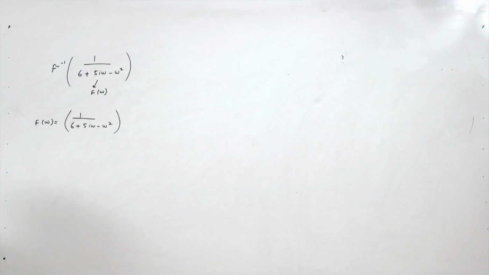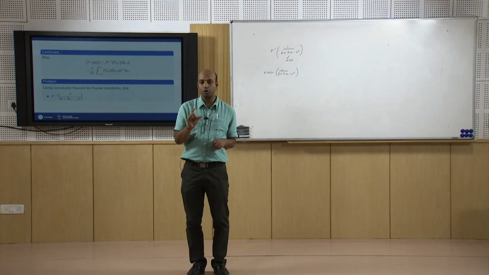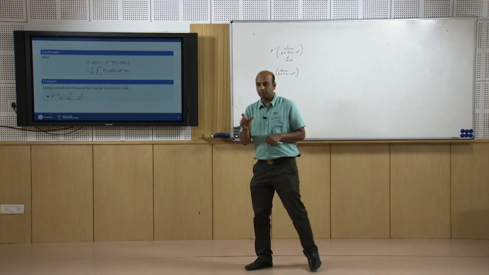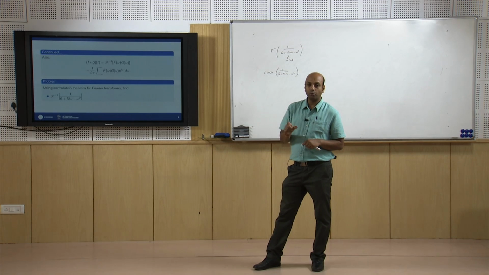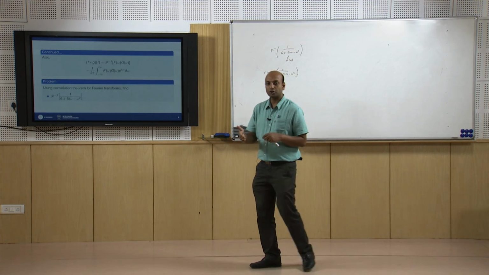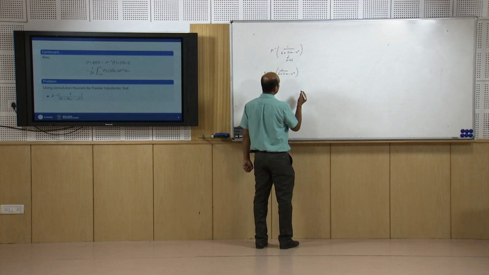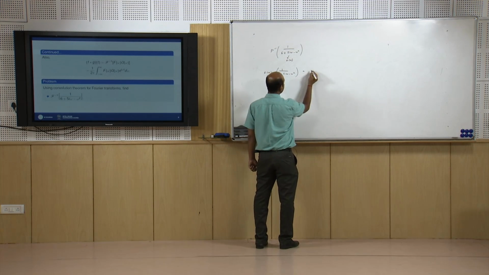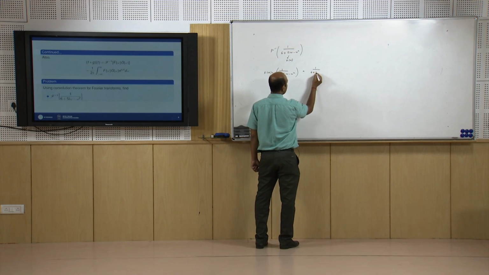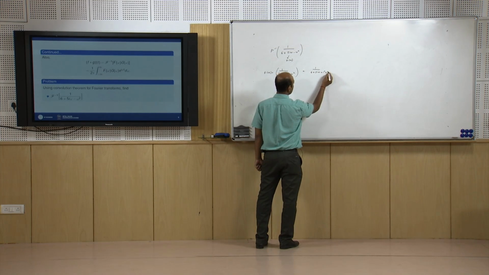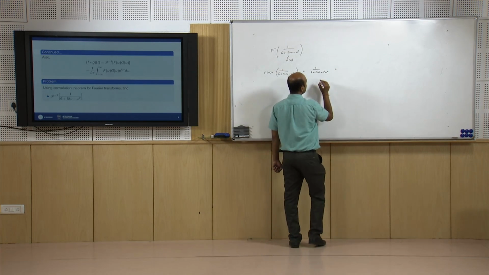In order to apply the convolution theorem, we have to write it as a product of two omega functions, and the Fourier inverse of both functions we should know, so that the convolution theorem can be applied. So, we can easily write it as 1 upon 6 plus 5 j omega plus j square omega square, which we can simplify.